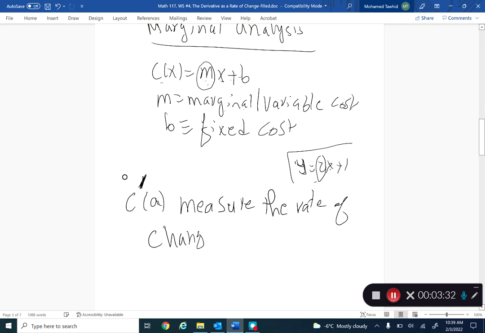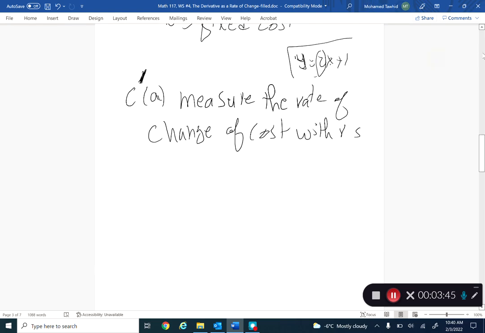Rate of change of the cost with respect to x. All right, guys? So here, with respect to x in general, that is your derivative.